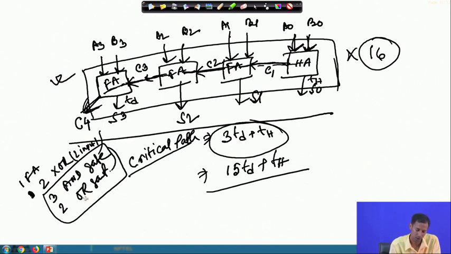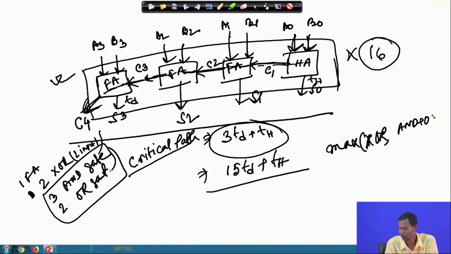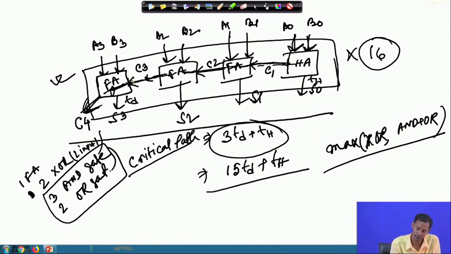Okay. So, now whenever we are doing this, at that time the max of the XOR gate delay or this AND plus OR gate delay will be the delay for one particular full adder cell.